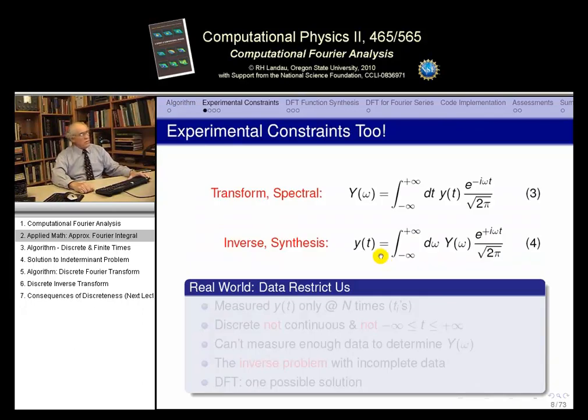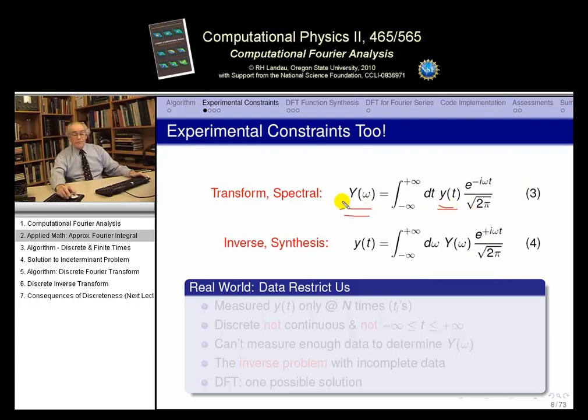But there's also more than just consequences due to having to approximate integrals. There are consequences because we have to deal with the actual data that have been measured. Okay, so the real world constrains us. And we'll simultaneously think of the two problems. Equation 3 gives you the Fourier transform. Okay, our signal is y of t.